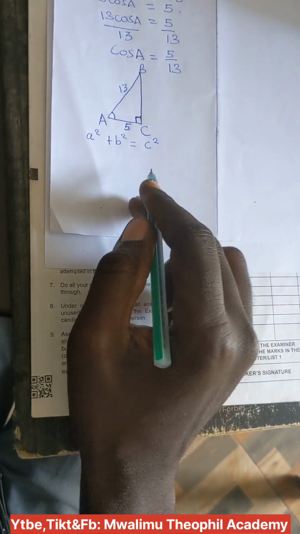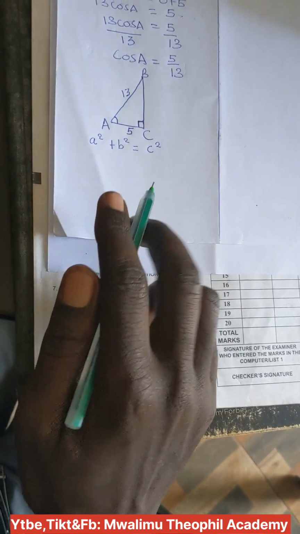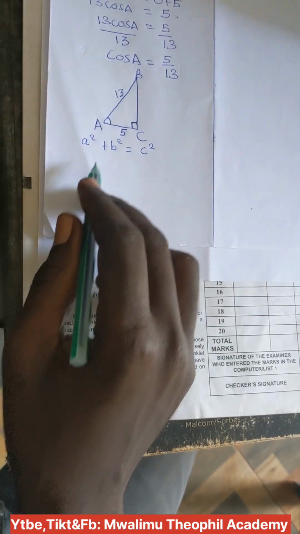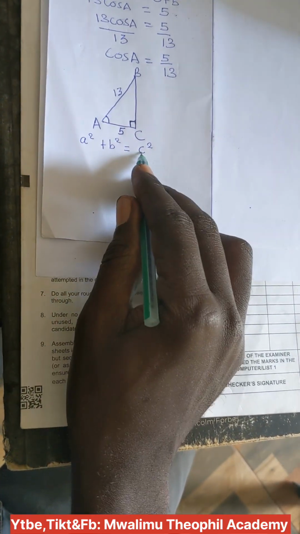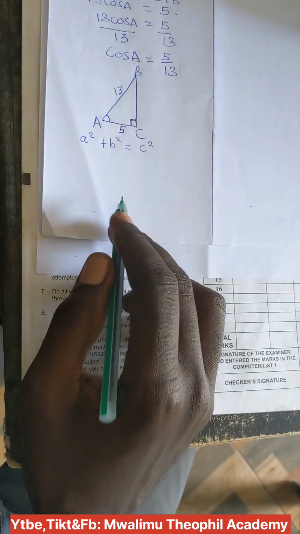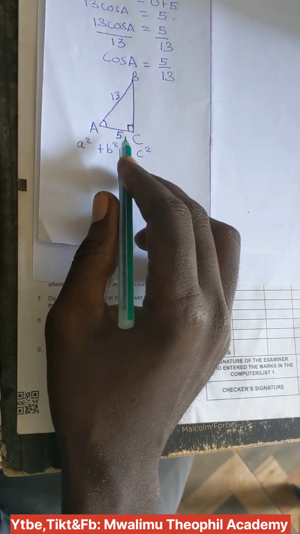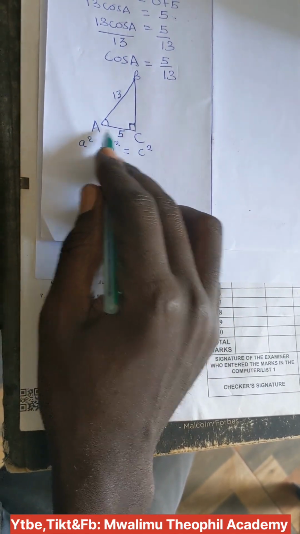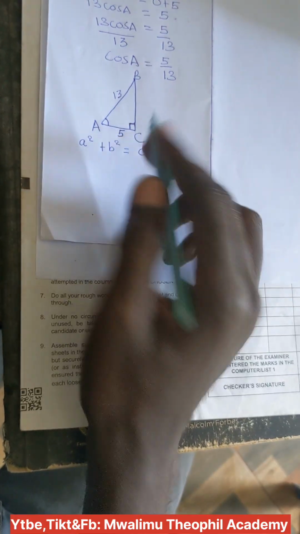This is known as Pythagoras theorem. A and B are the two shorter lengths, while C is the longest side. Now it means that A and B are going to be AC and BC.